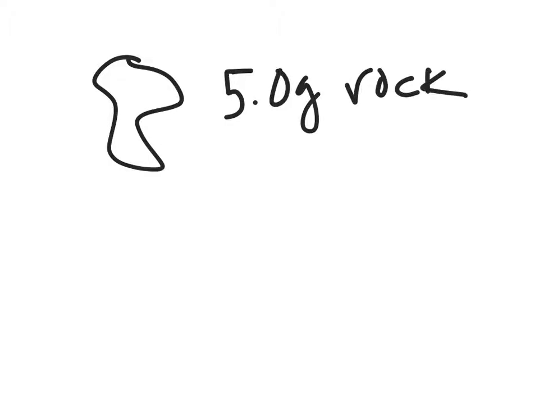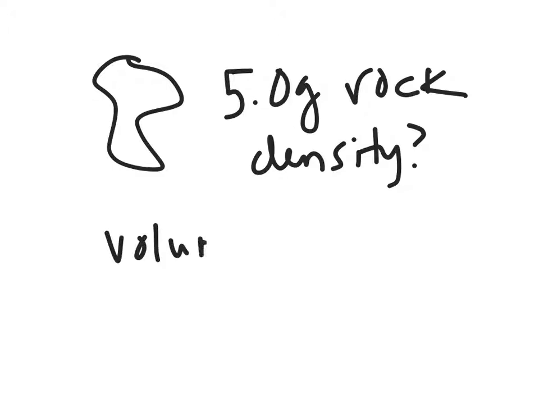And let's say we know it has a mass of 5.0 grams, and we want to calculate the density of this particular rock. How much space does it occupy? In order to do that, we're going to have to measure its volume by displacement.